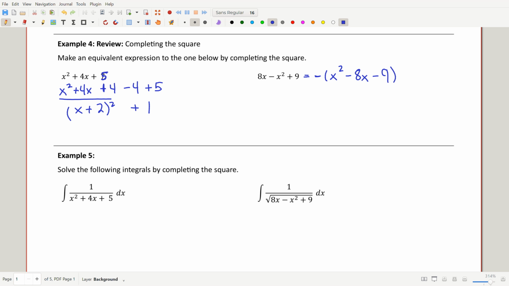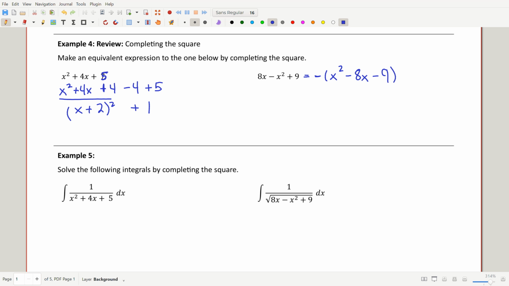If it was 6x, how many would go on each side? 3 and 3, right? And then, of course, I would need more yellows here. If it was x squared plus 8x, I'd put 4 and 4. The key is you're making a square, so you're not splitting them up unevenly. You know what I mean? You're not going to get a square if you put 5 of them here and 1 of them there. You've got to split them up evenly. So you just divide that b term by 2.